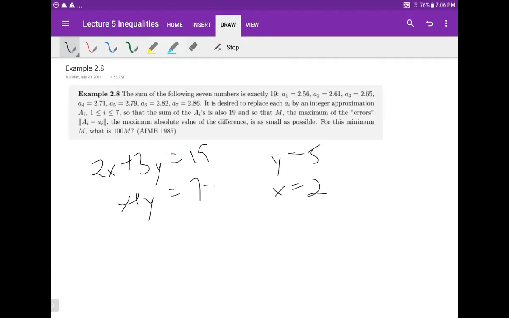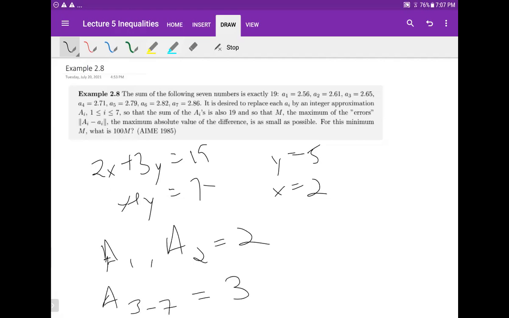And to minimize the maximum error, we notice that each of these a sub i's is closer to 3 than to 2. So ideally, we match the 2's with the two smallest of the a sub i's. So our approximations are a sub 1 and a sub 2 equal to 2, and a sub 3 through 7 equal to 3.